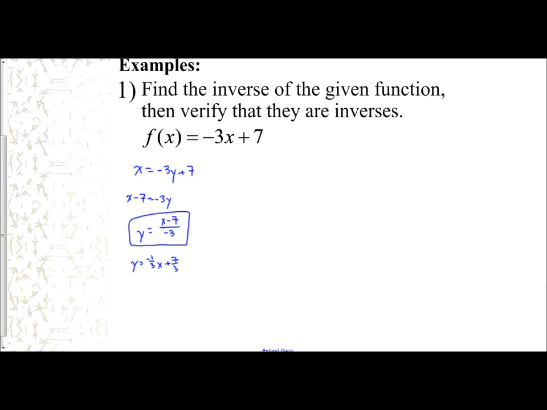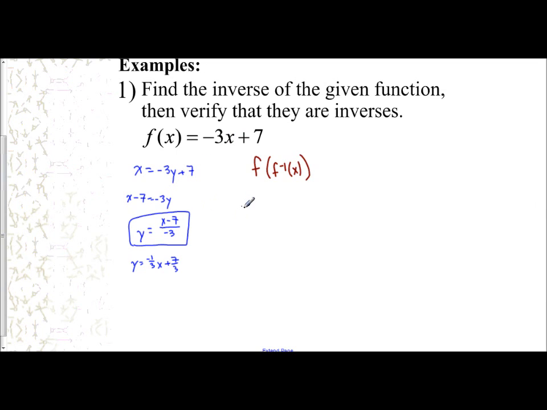I first am going to take f of the inverse. And so that means wherever I see my x in f, I'm going to replace it with my inverse.